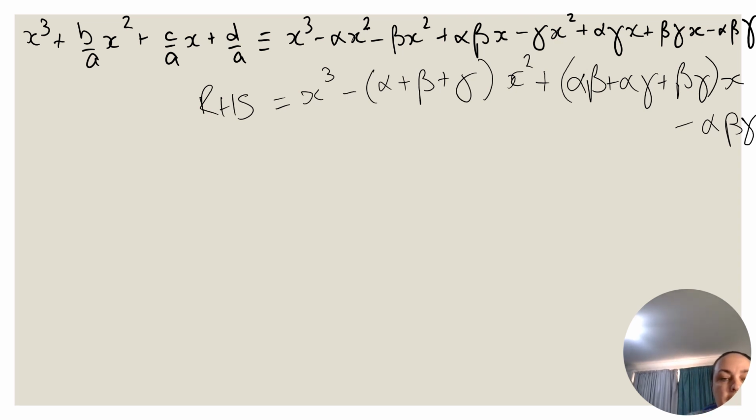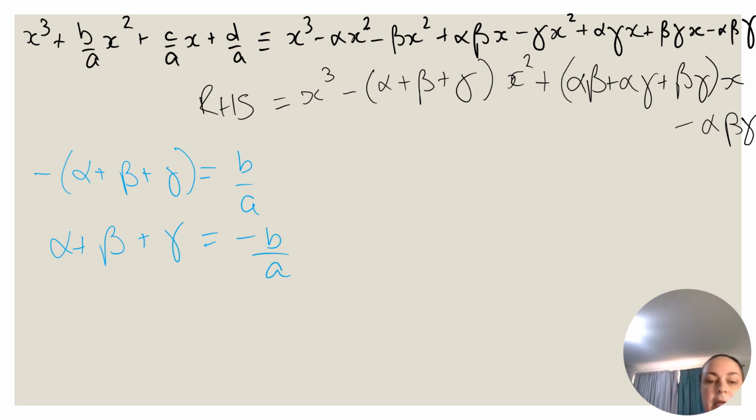From the right-hand side, I get minus alpha plus beta plus gamma equals the coefficient of x squared on the left, which is b over a. So if I divide through by negative, I get the sum of the roots of a cubic is equal to minus b over a. This should hopefully be very familiar because the sum of the roots of a quadratic was minus b over a. So this is good.